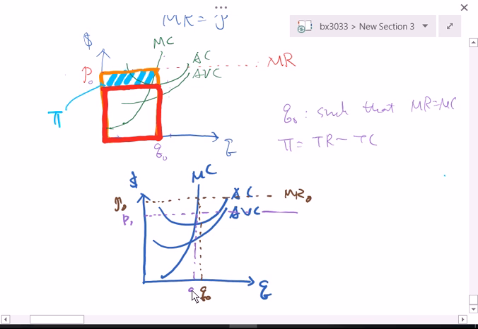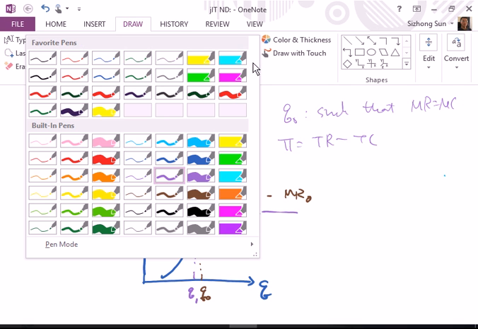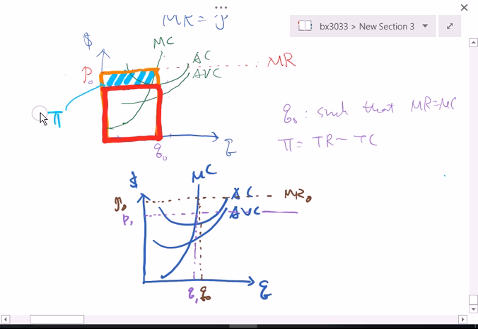Quantity drops. Okay, keep dropping, say at this level. Erase the purple one. So call this green one P1, Q1.